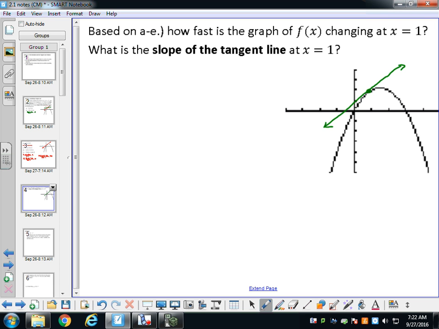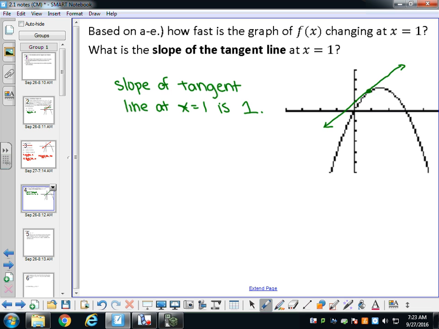A good estimation would be that the slope of my tangent line at x equals 1 is also going to be 1, because I'm getting closer and closer, based off of my previous calculations, where each time I picked an x value closer and closer to 1.